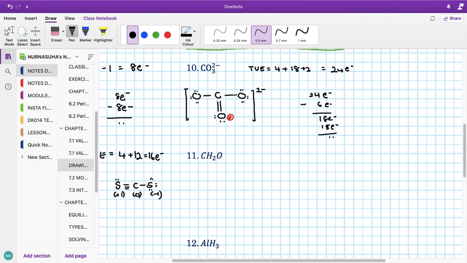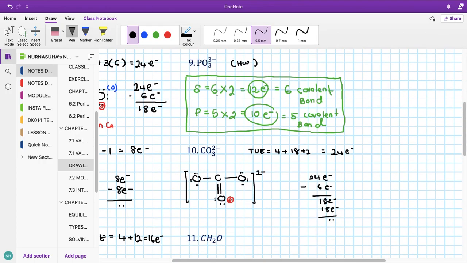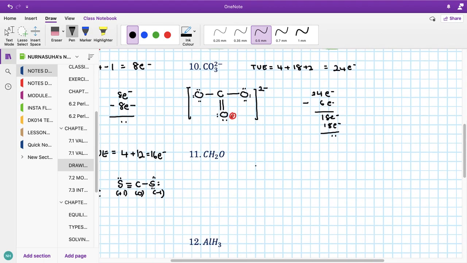But it is okay because as we discussed before, electronegative atom such as F or O or N prefer negative formal charge. Okay, so that's it for polyatomic ion. Okay, last one.